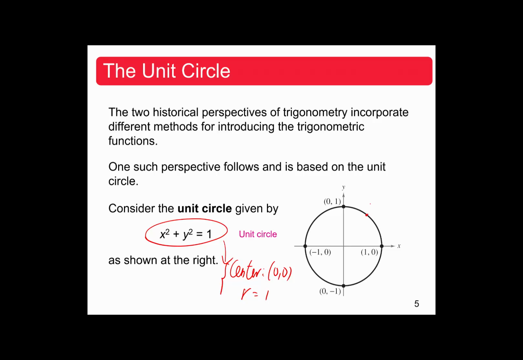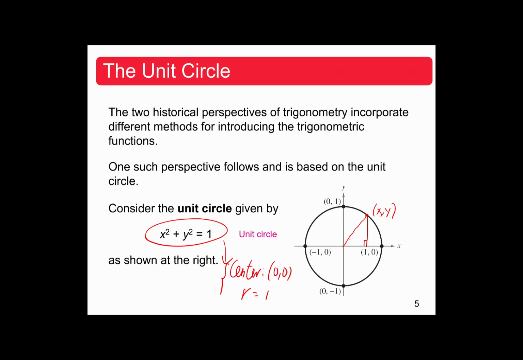If you look at any point on the unit circle, you can use (x, y) to represent it on the surface of the unit circle. If you connect this point to the origin, then we can create a right triangle here with a perpendicular line to the x-axis.